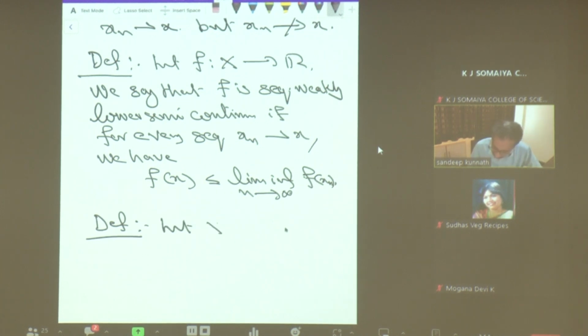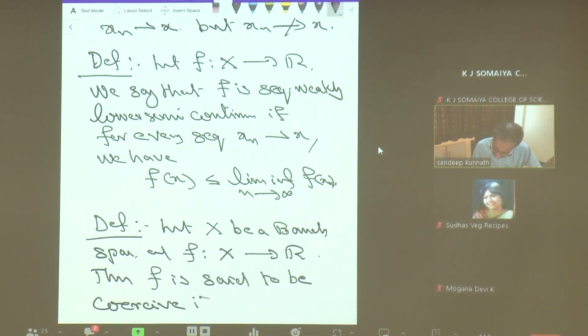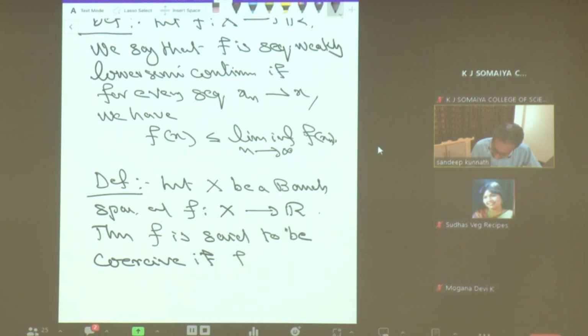Let X be a Banach space and f from X to R. Then f is said to be coercive if f of x goes to infinity as norm x goes to infinity.